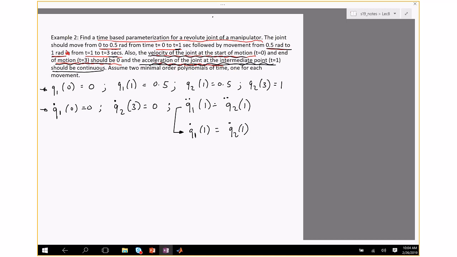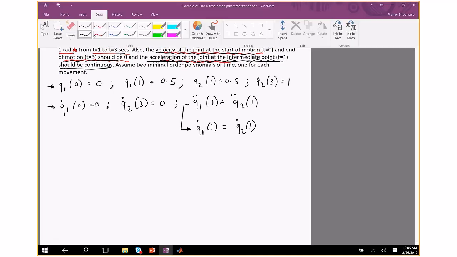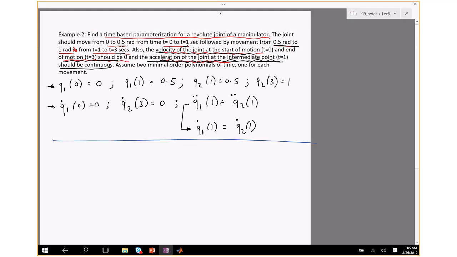So with 8 conditions, we'll assume Q1 as a function of time is a10 plus a11 t plus a12 t square plus a13 t cube.